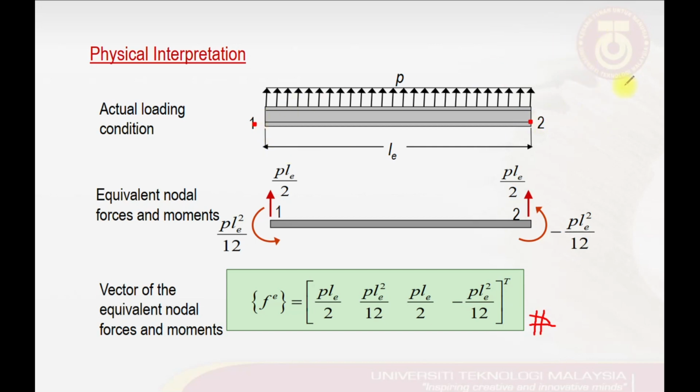If we consider this beam subjected to the uniform distributed load, represented by P, then physically we can imagine, if for example I put fixed boundary conditions, that the beam at rest may look something like this, but after we apply this distributed load, the beam will deform in this shape.